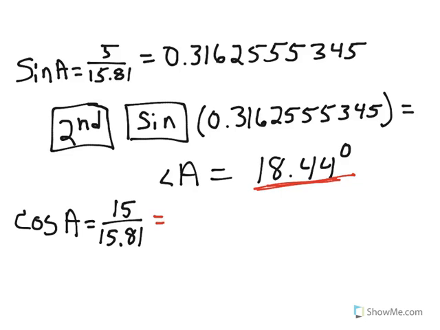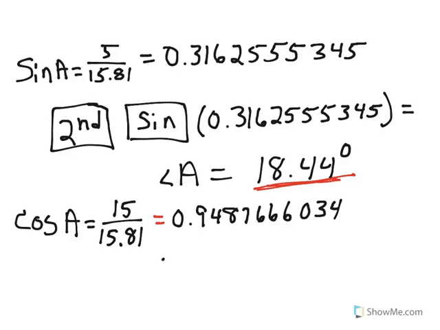So if we do the division, 15 divided by 15.81, we get a decimal value of 0.9487666034. That is the decimal value of the cosine of angle A, not angle A in degrees.